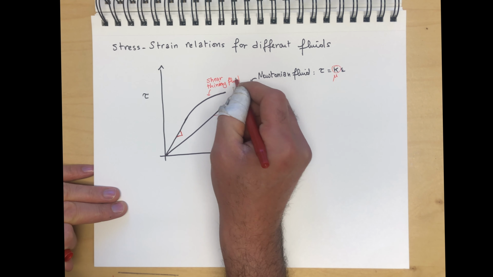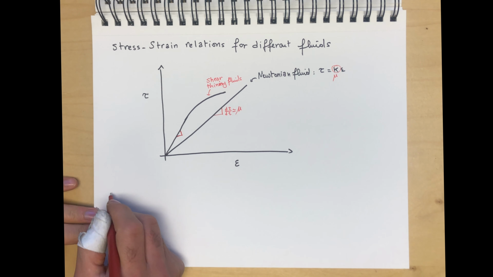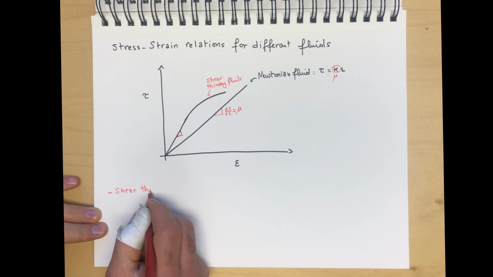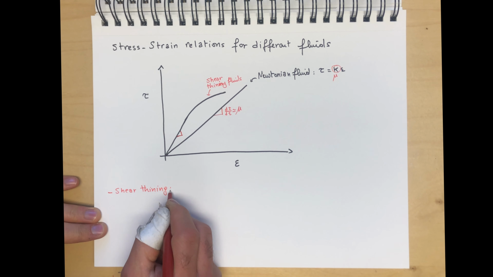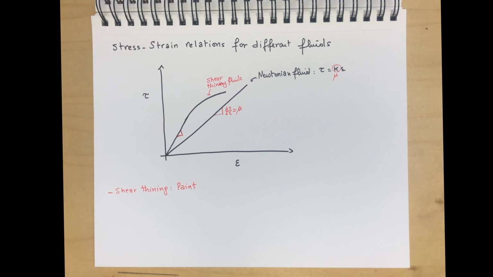And a classic example for shear thinning fluids is paint, where once you take your brush, you dip it in paint, and then you push the brush on the wall.